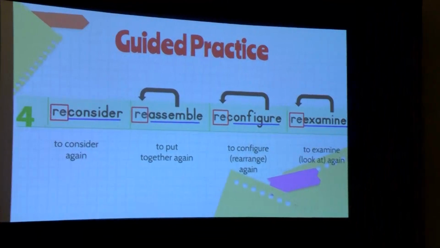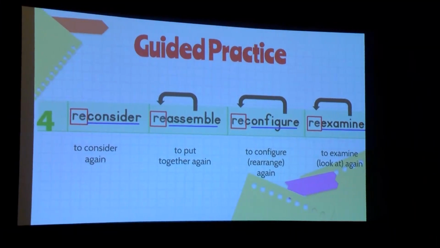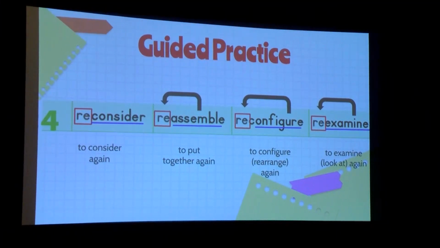And that's a tier 2, tier 3 vocabulary word where we'll have to tell them, hey, this is what assemble means. So now they'll know that it means to put together again. Reconfigure, to configure or rearrange again. And then reexamine, to examine or to look at again.